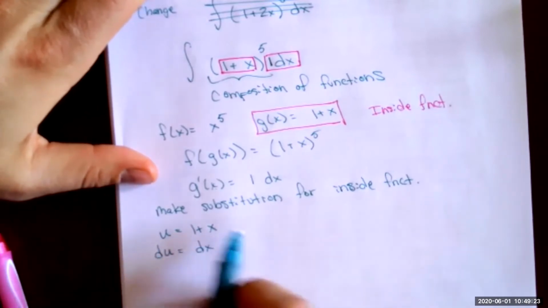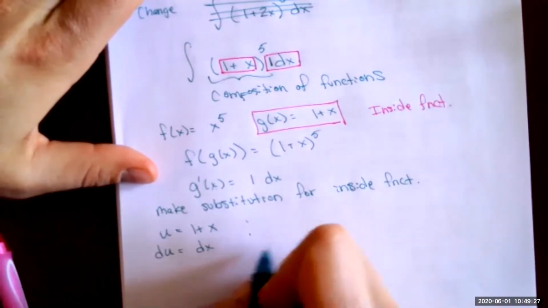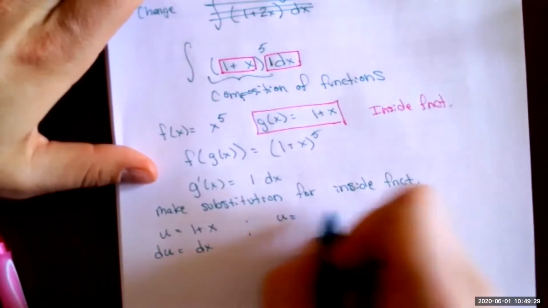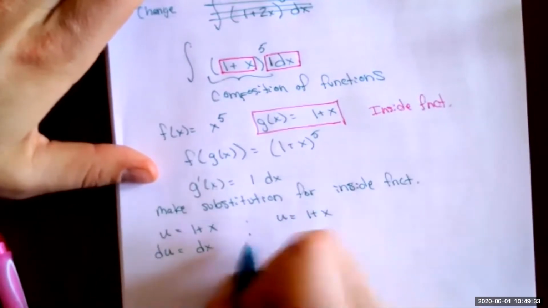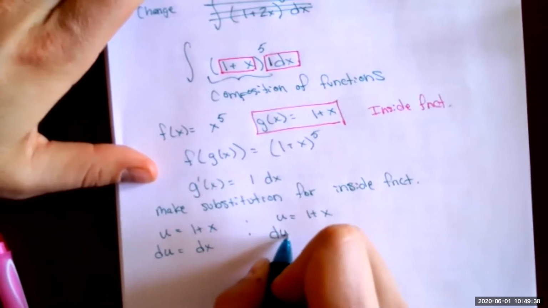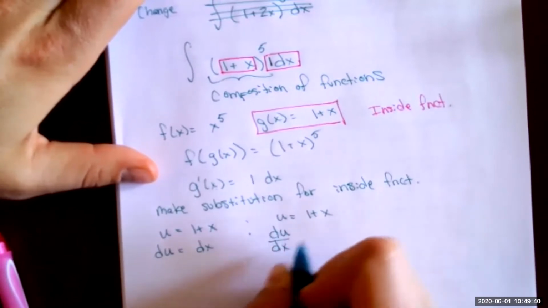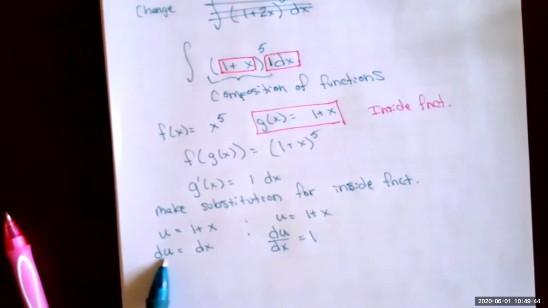So what did I do there? Let's write it out in a different way, equivalently. I could have just had u is 1 plus x. If I take a derivative of both sides, let's say if I consider u as a function of x, this is just saying du dx is equal to 1. And so how do I get this statement here involving the differentials?